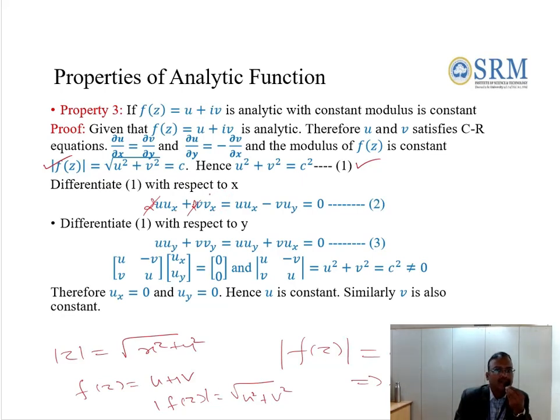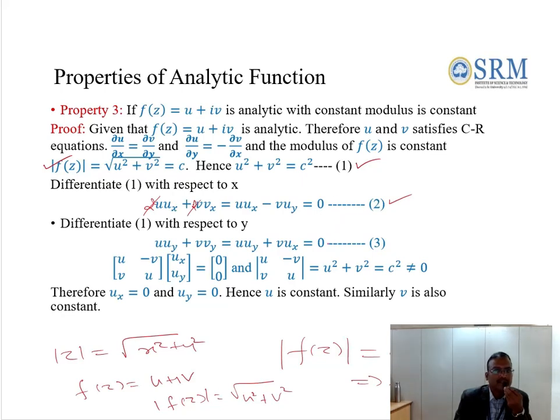But u and v satisfy the CR equations, so instead of vx we can write minus uy. Therefore u ux minus v uy equal to 0. Let us call this equation number 2. Now differentiate equation 1 partially with respect to y, then you will get u uy plus v vy equal to 0. Again, by using the CR equations, we can write u uy plus v ux equal to 0.